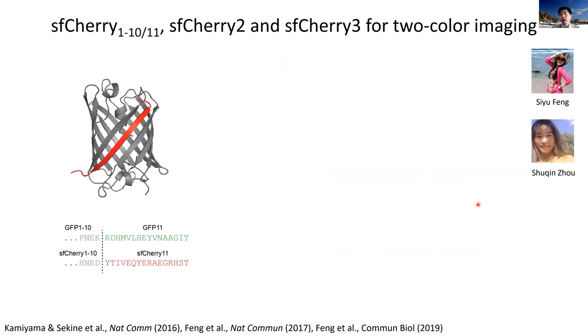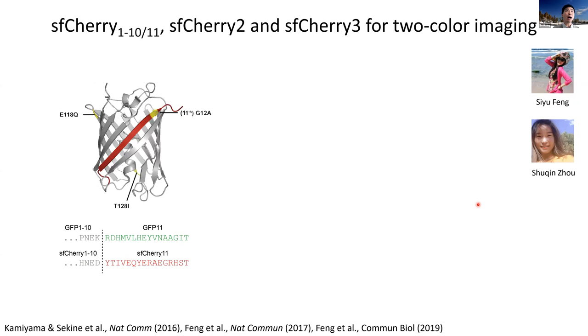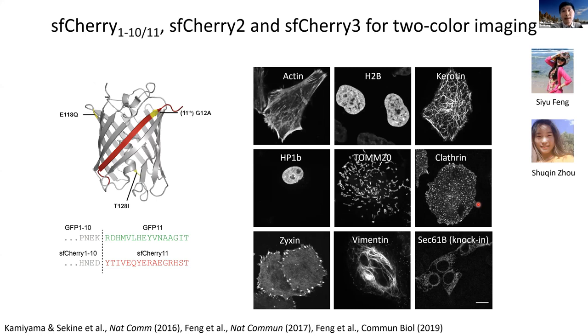And Siyu, together with Shuqing Zhou, a very talented visiting undergrad student in the lab from Tsinghua University, has used directed evolution to improve it, so that we have the SF Cherry 2 and SF Cherry 3 system now, and we've demonstrated it also as a tag for many different substrate proteins overexpressed, and in this case endogenously tagged.